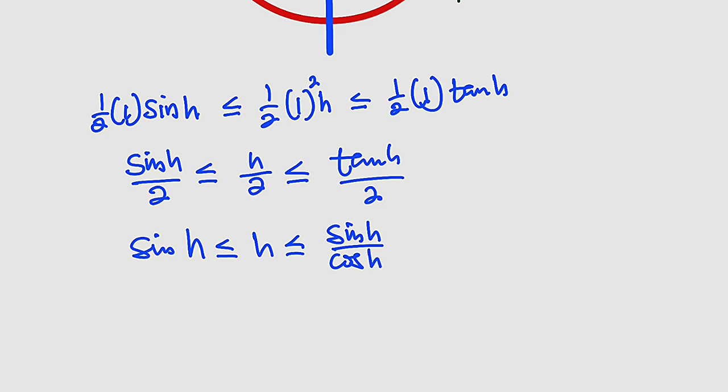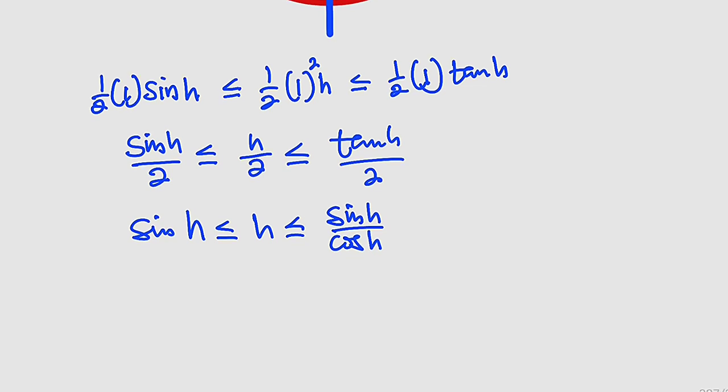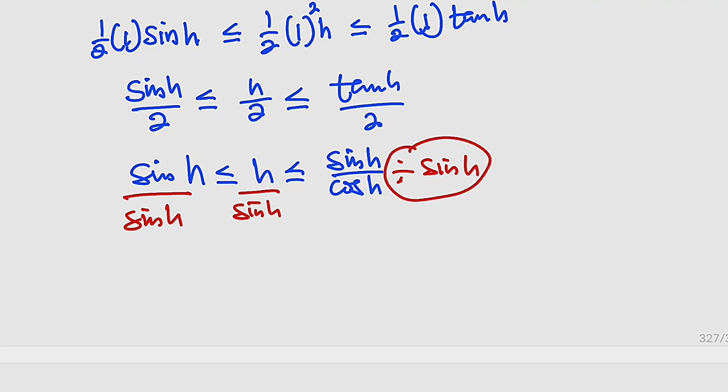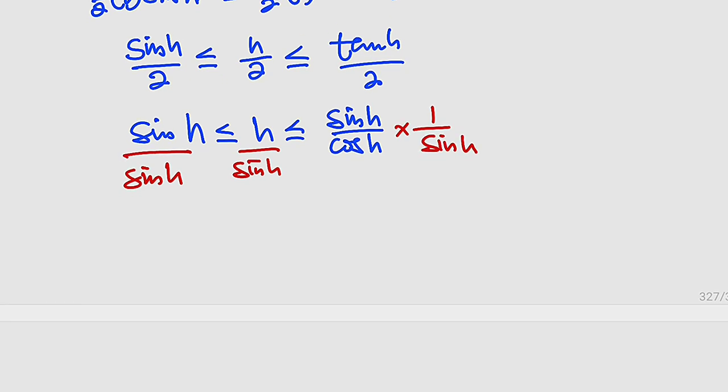From here, we can divide every single term by sine h, or simply multiply by the reciprocal of sine h, multiplied by 1 divided by sine h. It's all the same, right? So this will be 1 because they are exactly the same.